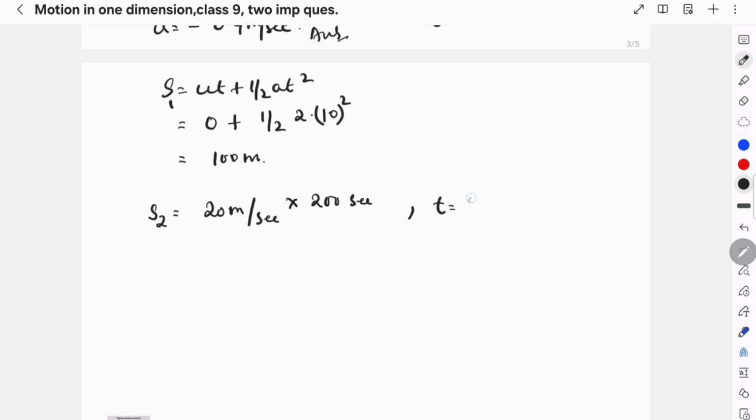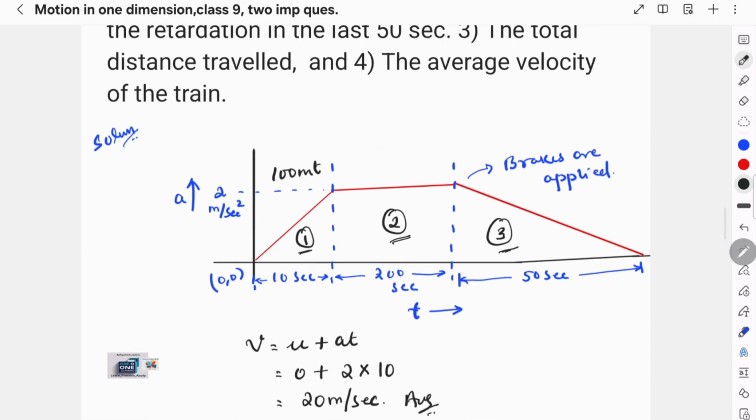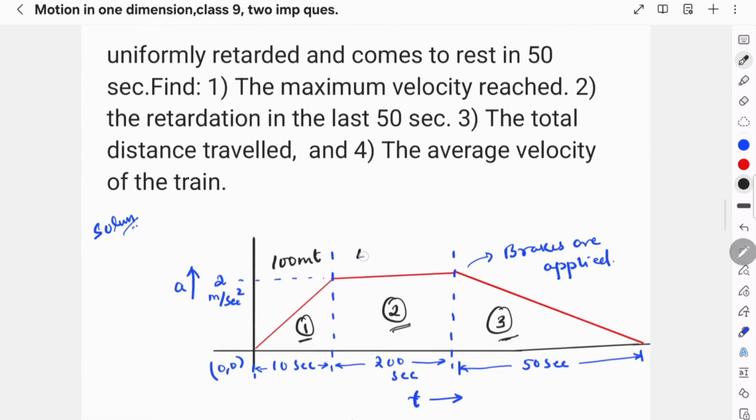So we get 20 into 200, that is 4000 meters. So the distance traveled in the second part is 4000 meters.